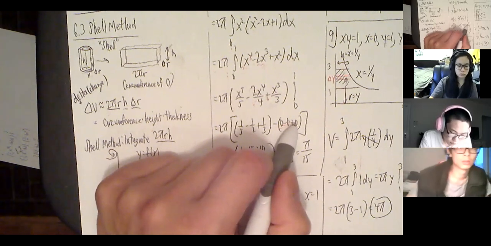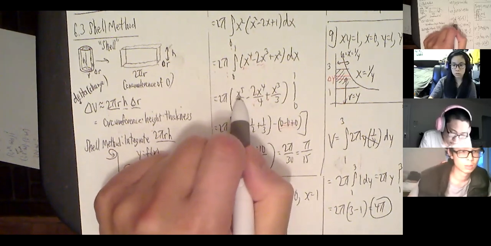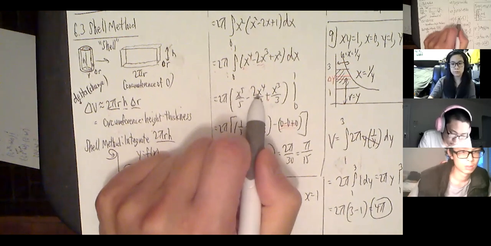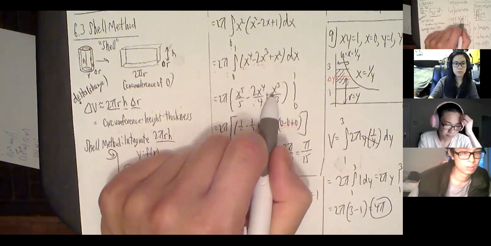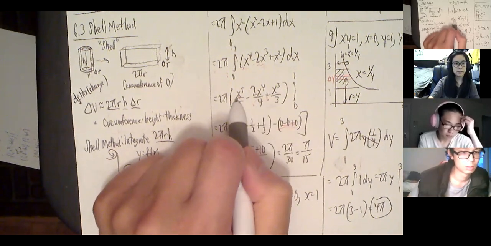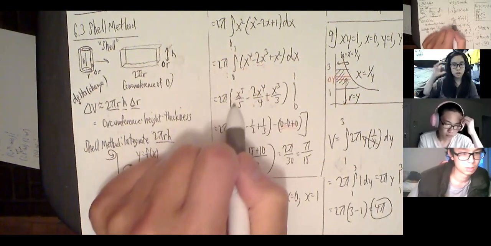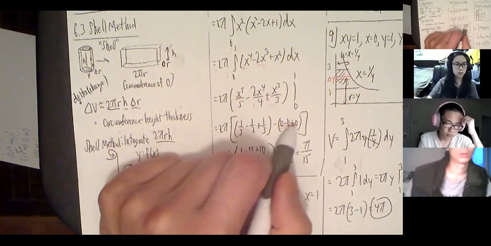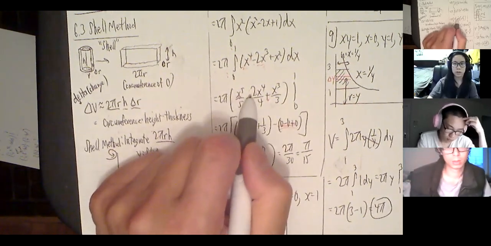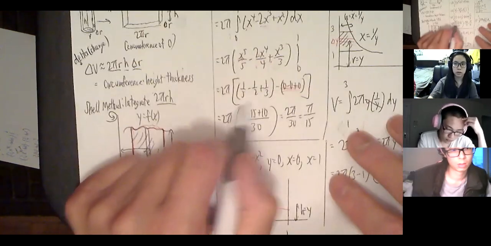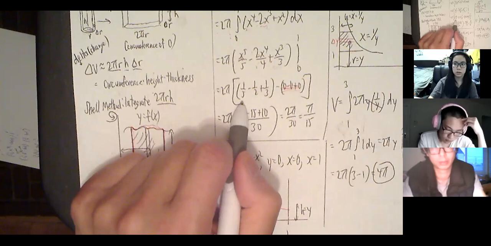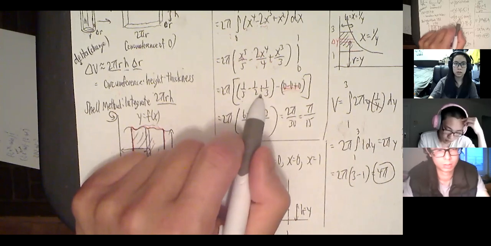What happens when you plug in 1? Well, what's 1 to the 5th power? Or 1 to the 4th power? Or 1 to the 3rd power? Or 1 to anything? It's 1, right? So it's nice to have 1. So forget about this, right? 0, 0, 0. 1/5 minus 2/4 is 1/2 plus 1/3. So I just have to do this little arithmetic. 1/5 minus 1/2 plus 1/3.